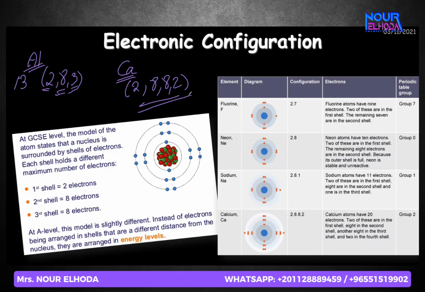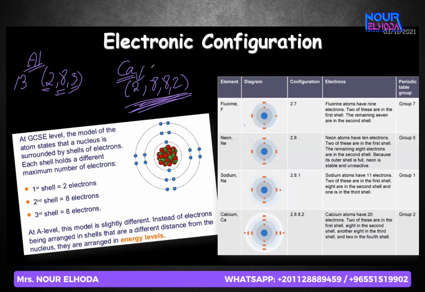I know some students here know this, but that's why I'm saying this is a very simple configuration. If you study AS chemistry next year, you will know there is a more developed, more accurate configuration, 2, 8, 18. But for now, we will just study this: 2, 8, 8, 2.